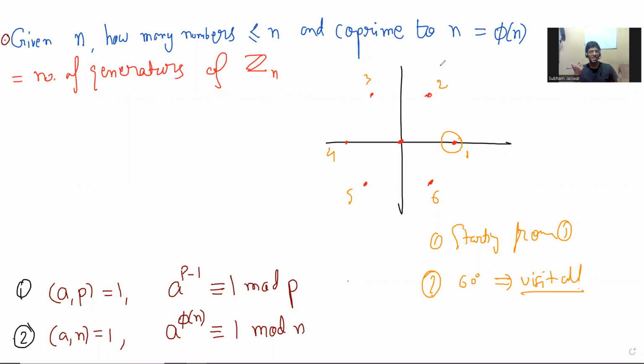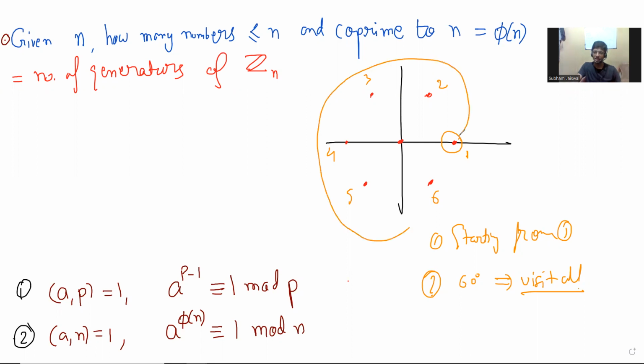Yeah. So 60 degrees doesn't work, 120 degrees doesn't work, 240 degrees doesn't work. Is there anything that works other than 60? Think. Yes, 300 degrees works, right? Because when you do 300 degrees, where do you come?